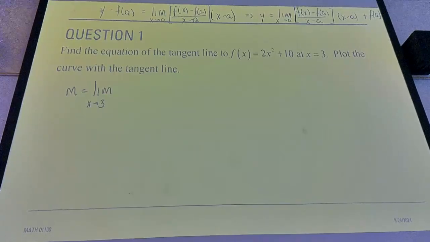Limit as x approaches 3 of f of x minus, what is f of 3, all over x minus 3.